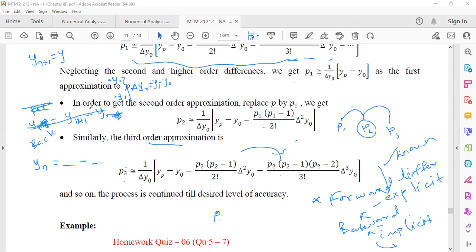So yes, delta yn is equal to yn plus 1 minus yn. In here also, this one we are saying yn minus 1. So correct? Yeah. From the same value. So what about the backward yn plus 1?